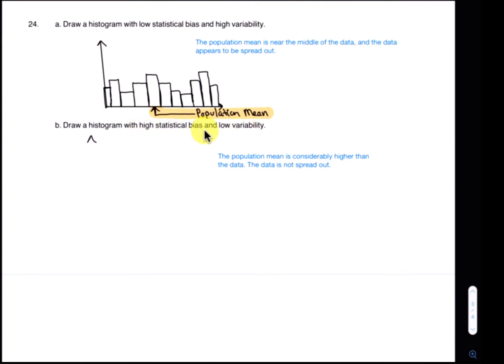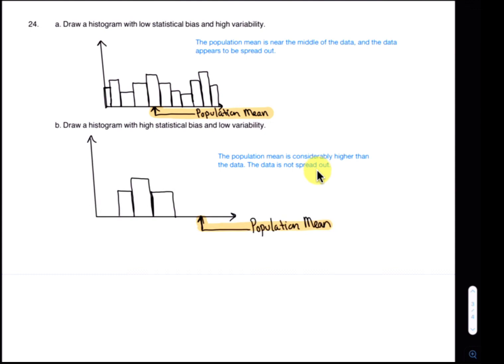Okay, so high statistical bias means the mean is either higher or it could be even lower than the data. And low variability means the data is not spread out. So we could draw something like this, where the population mean is definitely above all of the data. And then here the data is kind of close together. It is not spread out at all.